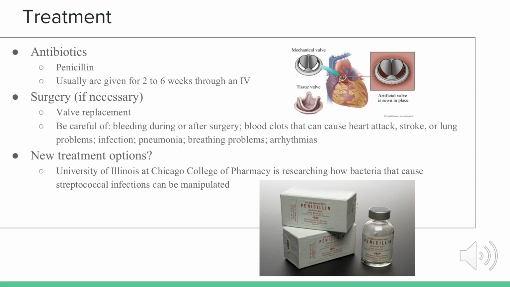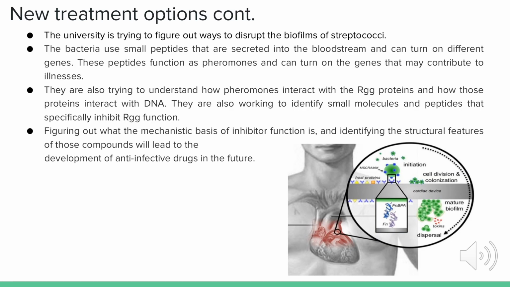Any new treatment options? The University of Illinois at Chicago College of Pharmacy is researching how bacteria that cause streptococcal infections can be manipulated. The university is trying to figure out ways to disrupt the biofilms of streptococci. The bacteria use small peptides that are secreted into the bloodstream and can turn on different genes.